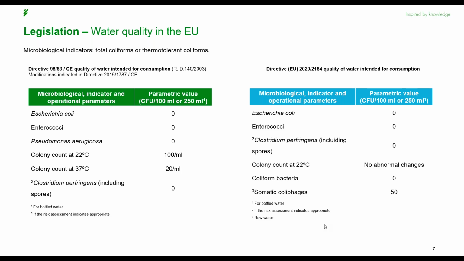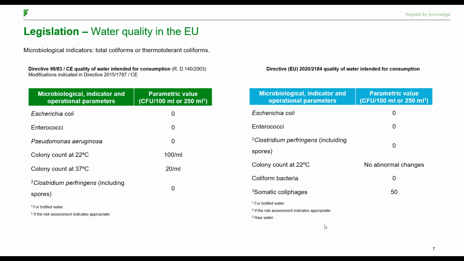The rationale is very simple: if it's found in water, it must contain fecal matter and therefore also contain pathogenic microorganisms. Common indicators or groups of indicators are, of course, the famous total coliform bacteria, and can also be others such as thermotolerant coliform bacteria.